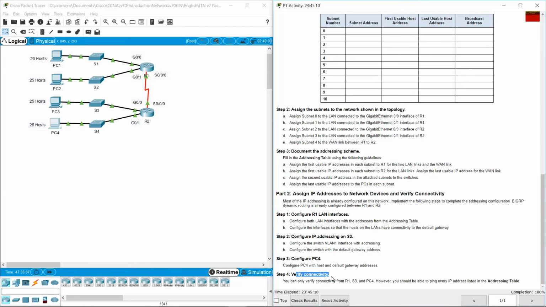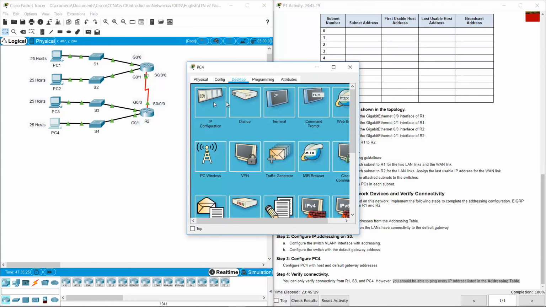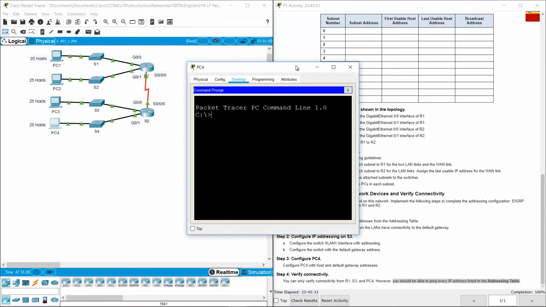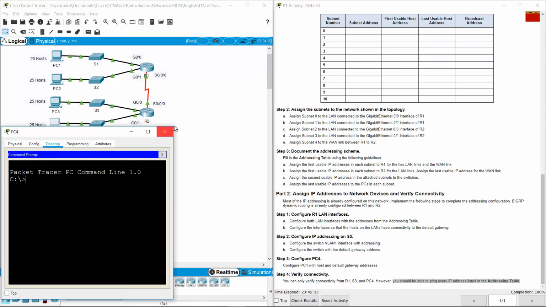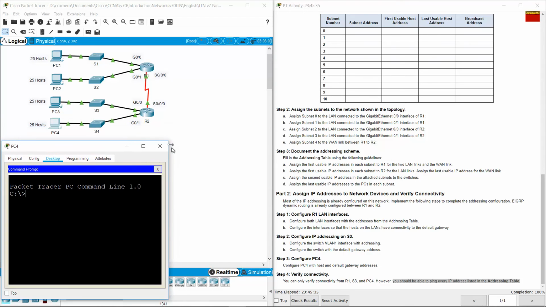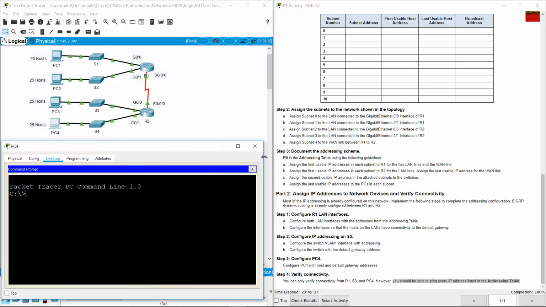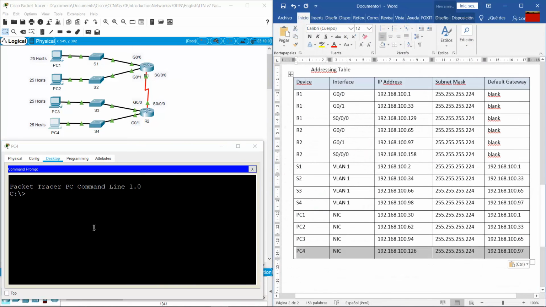Verify connectivity. You should be able to ping every IP address listed in the addressing table. PC4, command prompt. Addressing table.